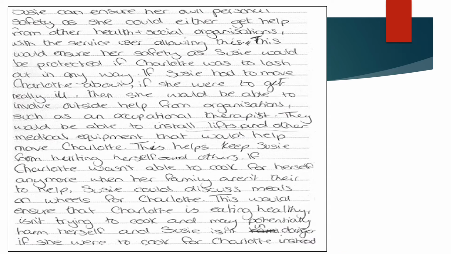If we look at a second response, again this was handwritten, but we can do the same thing. Susie can ensure her own personal safety, either from other health and social care organisations within the service user allowing this. So basically, the first argument is saying get other people to come in and do the job. This will ensure her safety, as Susie would be protected if Charlotte was to lash out in any way.